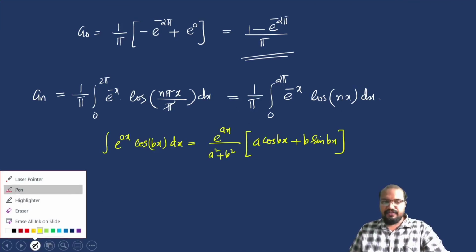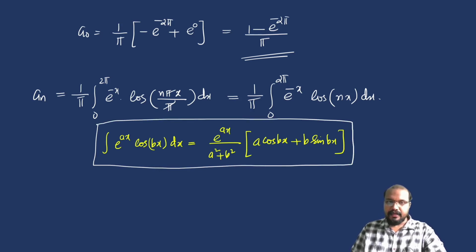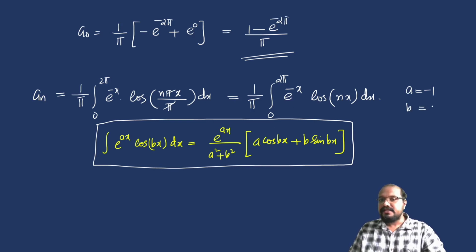This is the formula to find the integral of e raised to ax into cos bx dx. It is equal to e raised to ax divided by a square plus b square, where a is the coefficient of x in e raised to ax, and b is the coefficient of x in cos or sine. Okay, this is the formula to integrate this. Here our a is minus 1 and b is n.